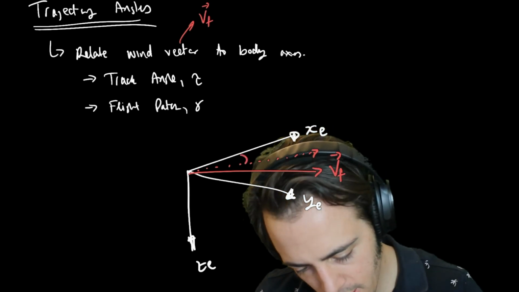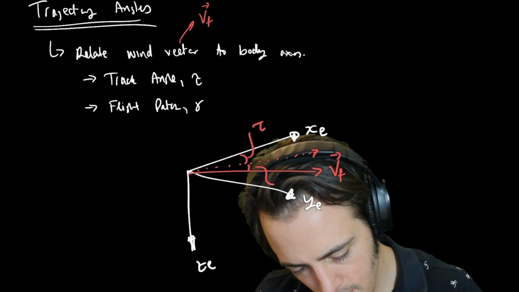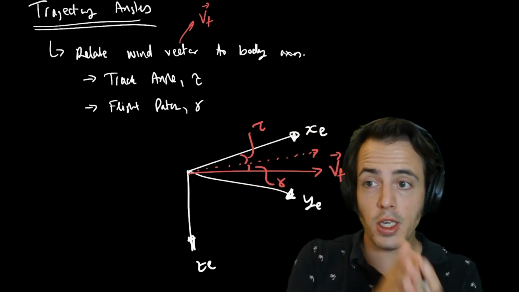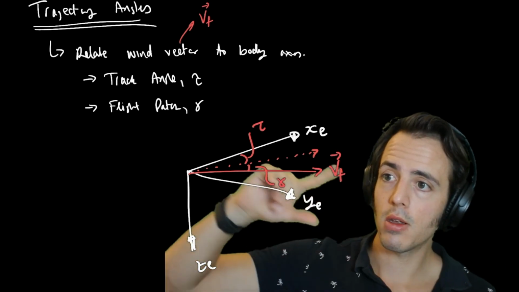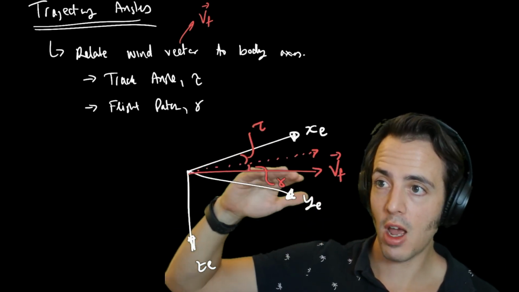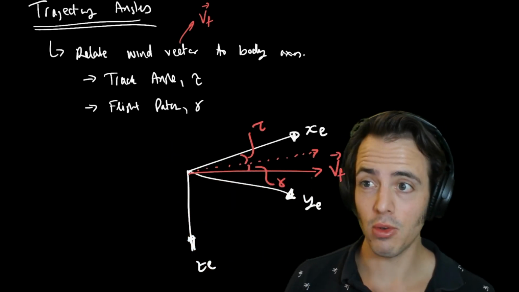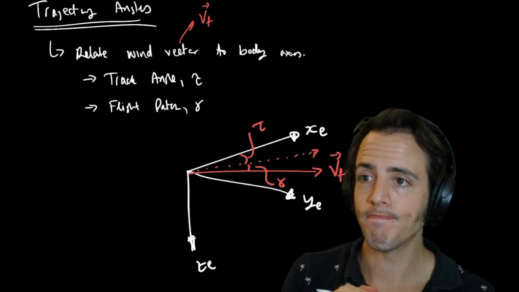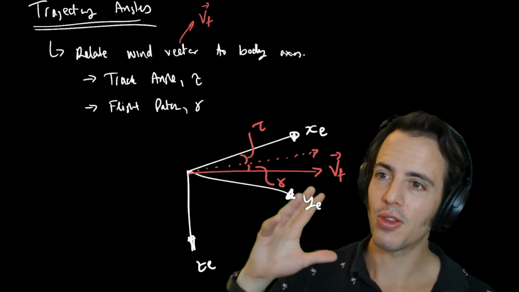So we've got this angle, which is tau, and we've got this angle, which is gamma. Now the sequence of rotations we do to go from VF back to Earth axis is we go through the flight path first and then the track angle. It's actually the opposite way round to go from the VF vector to body axes.